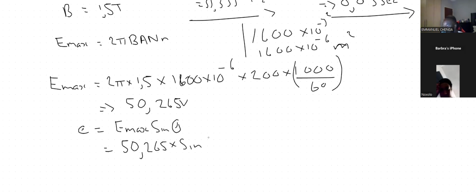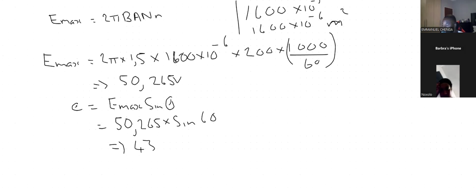This one is simple because you are given the angle, which is already in degrees. So it's just a matter of substituting. Then you get 43,531. Remember, it's an instantaneous EMF, so it'll be in volts. Are we okay?